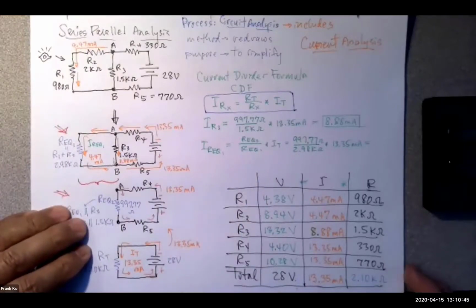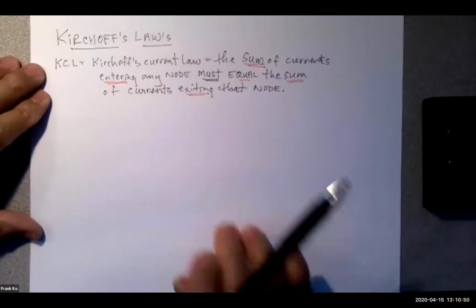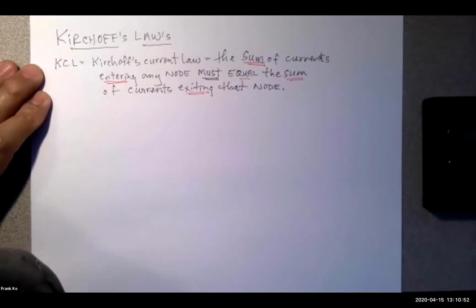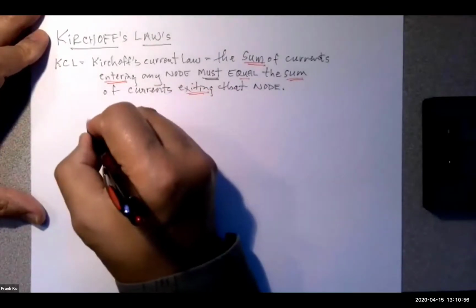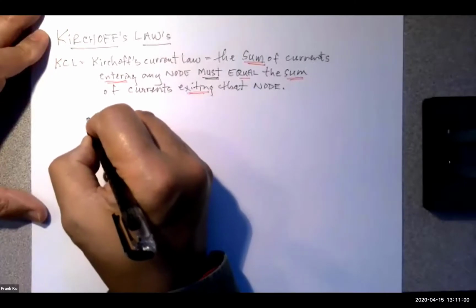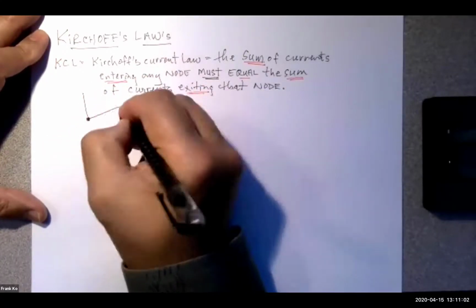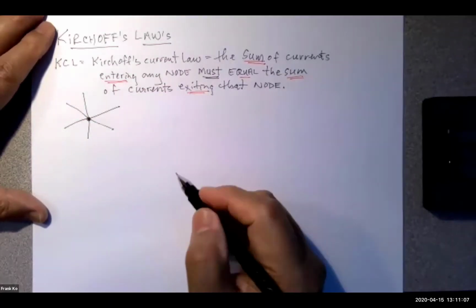A more interesting exercise, to expand upon your understanding of Kirchhoff's current law, is if I do this with you. Let's go ahead and put a node here. I'm going to draw 1, 2, 3, 4, 5, 6 paths.